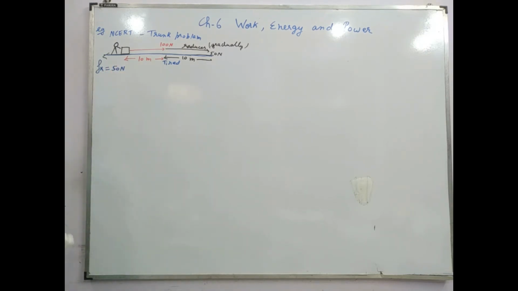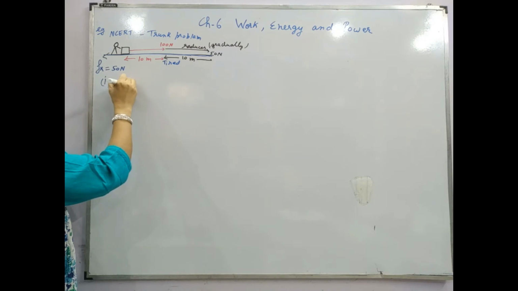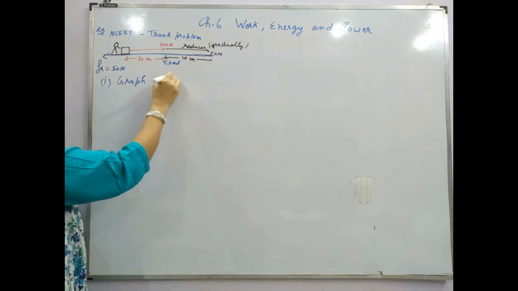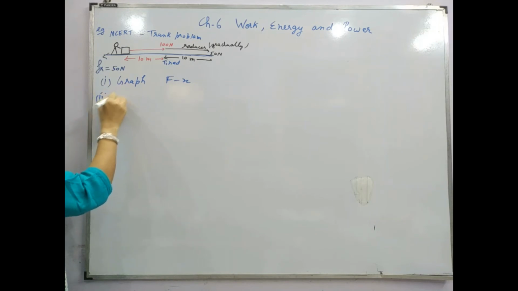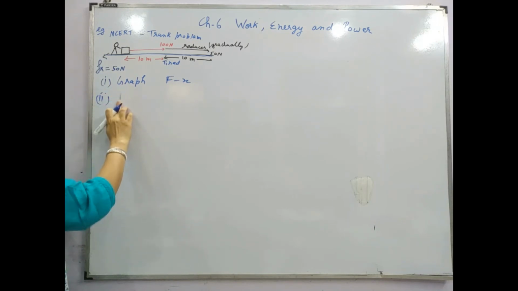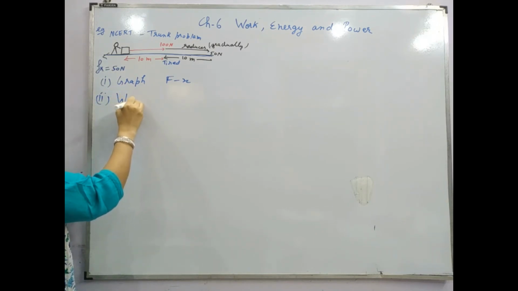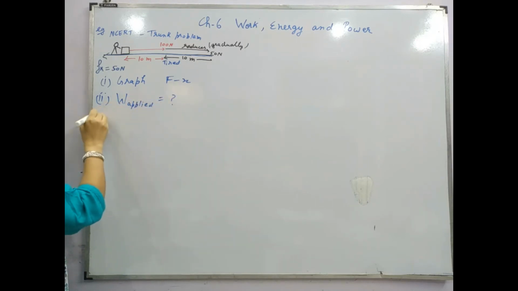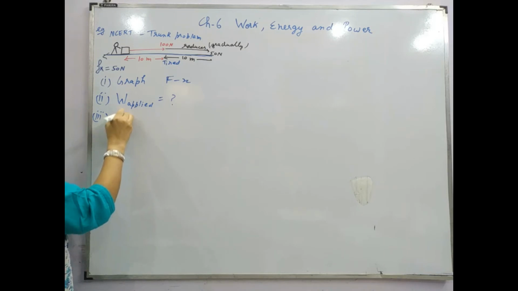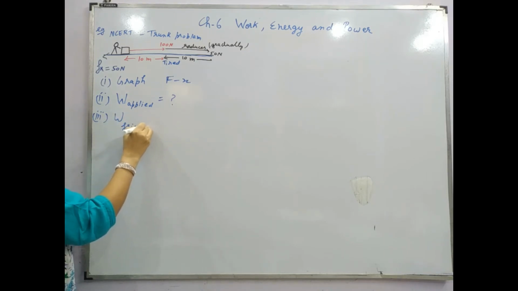Calculate the work done by the two forces, right, over 20 meters. So first you have to plot a graph between F and displacement. Second is you have to find the work by applied force. And third, you have to find the work by friction force.